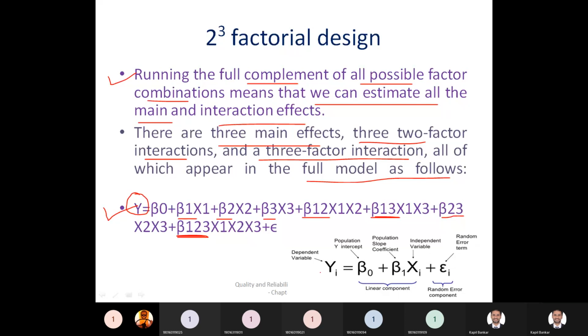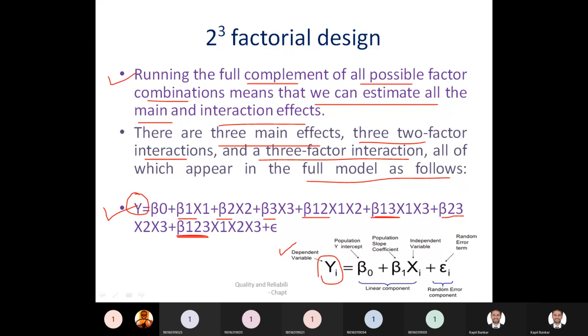So this is a model in which y_i equals beta 0 plus beta 1 x_i plus epsilon_i. Here y_i means the response variable or dependent variable.